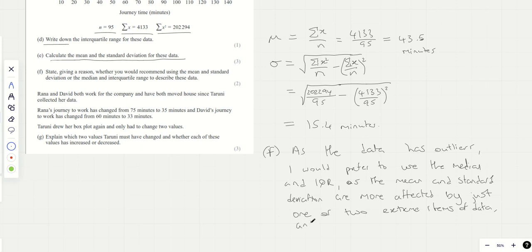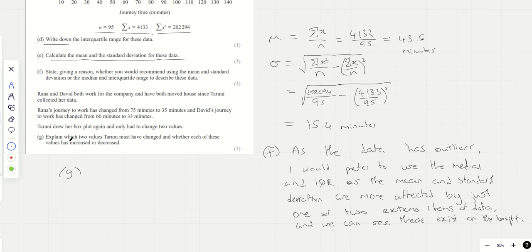And we can see these on the box plot, and we can see there are outliers on the box plot. And that's it, that's all you need.